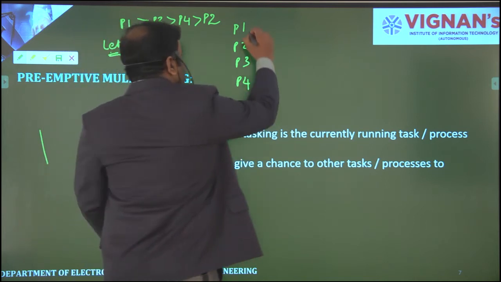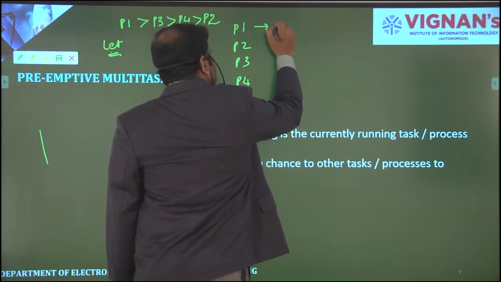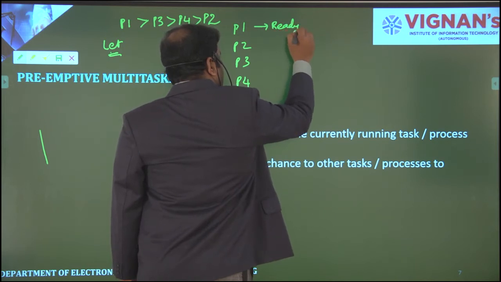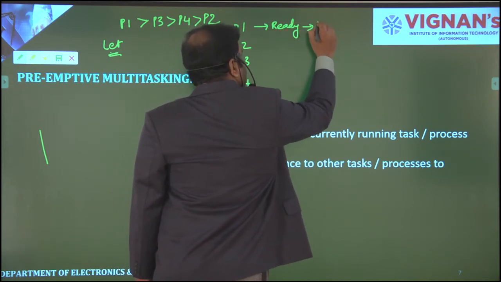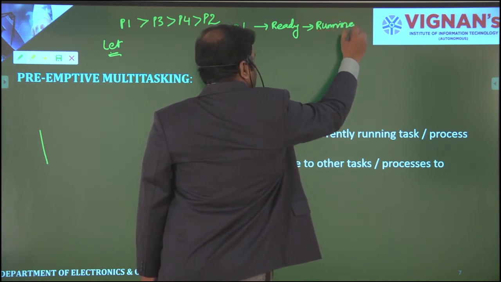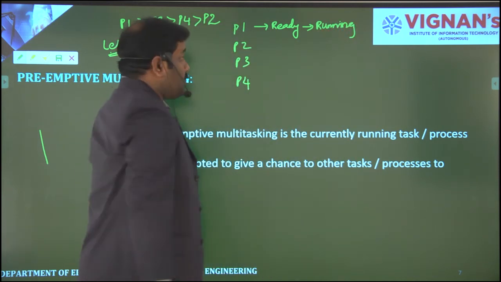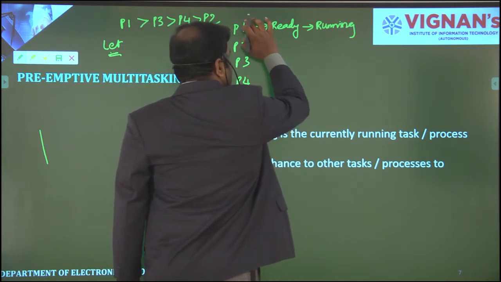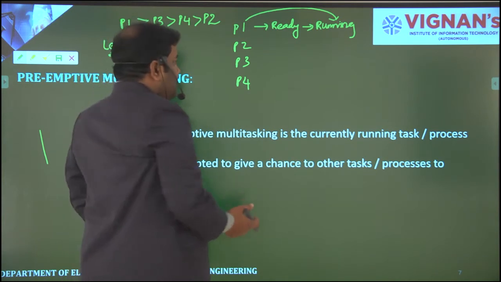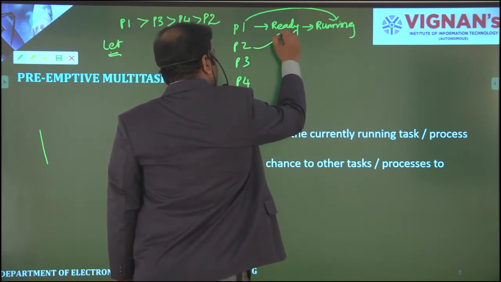Okay, so initially P1 entered the ready state. Once ready state is accepted, then obviously it will reach the running state. Once P1 reached the running state, the ready state becomes empty. Then obviously P2 will go to execute.